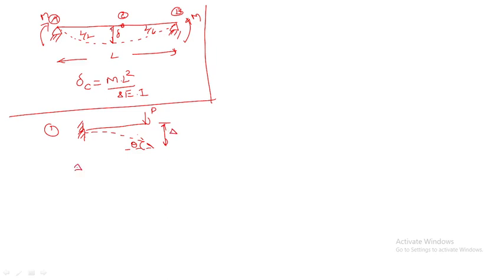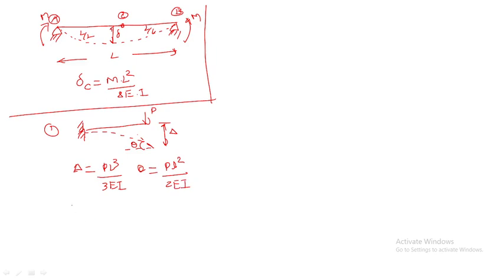So delta is equal to P L cube by 3 EI, and slope is equal to P L square divided by 2 EI. This is the first condition you have to remember.